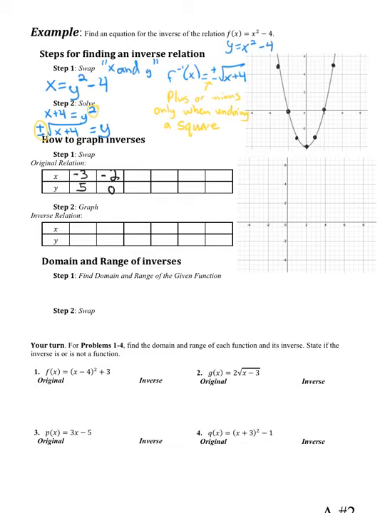And then we have -1, -3, and 0, -4 for that point. I'll erase that. And then 1 comma -3, 2 comma 0, and if we wanted to put one more, we could, which was 3 comma 5.